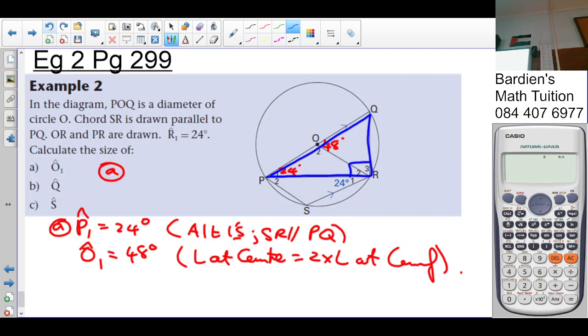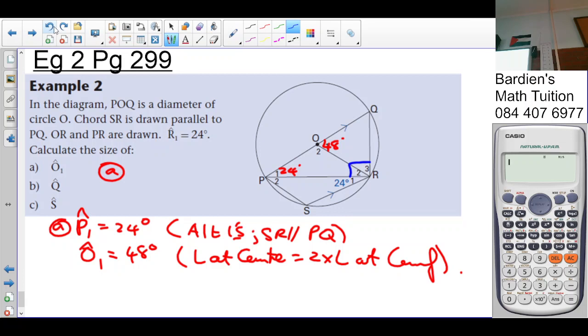O2, yes. Angles on the straight line. And then, once you got this, angle at center is twice angle at circumference. That's also correct. So any one of those options will get you the mark in the exam. Right, so do any one of those three you want to, or if you have another one, you may do that as well. There was another way.